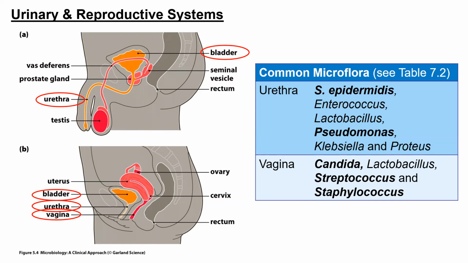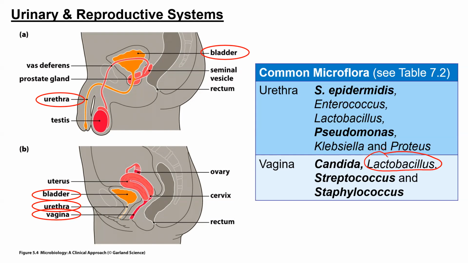If you take a look at the list here on the right, lactobacillus, an organism we're not going to talk about too much, but there's actually a lactobacillus called Lactobacillus acidophilus, and it actually produces acid. And so this microorganism is an important part of a normal vaginal microflora to provide a healthy environment for the vagina.